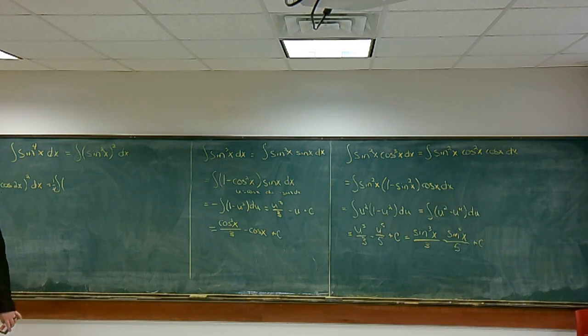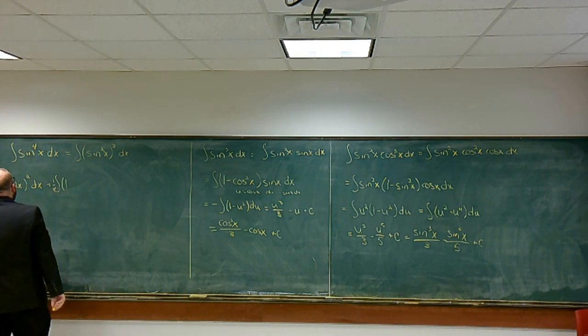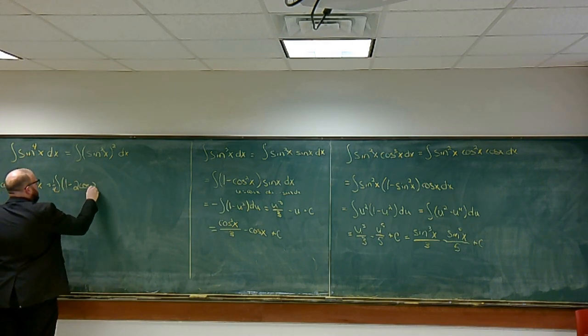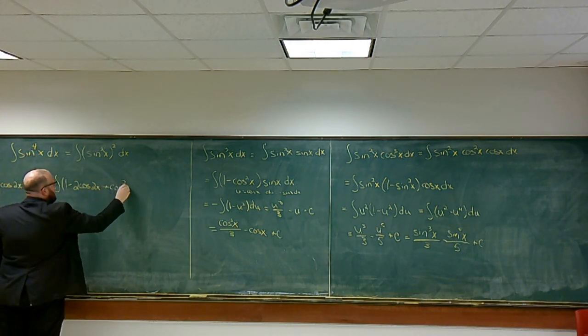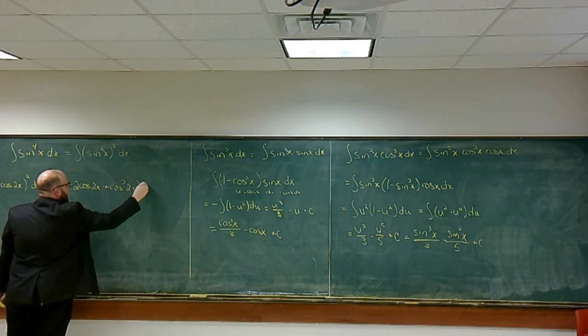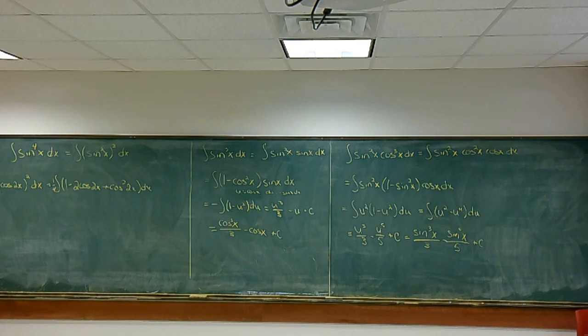A squared minus 2ab plus b squared. 1 minus 2 cosine 2x plus cosine squared 2x. Up to the fifth power memorized.